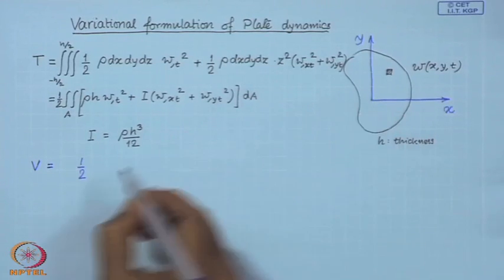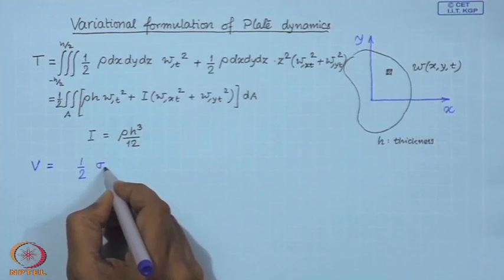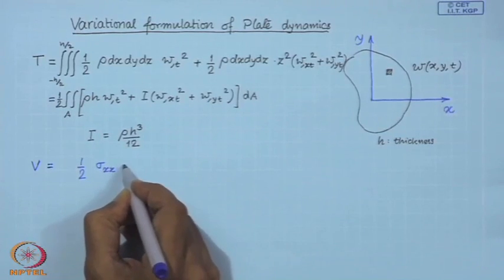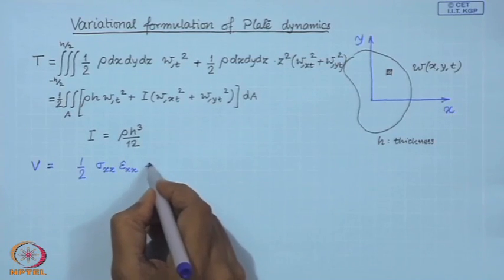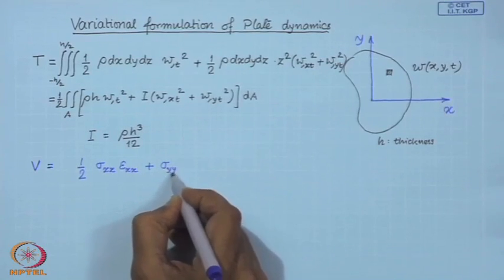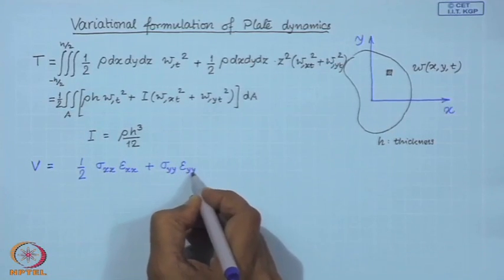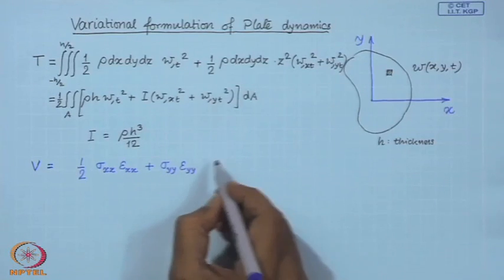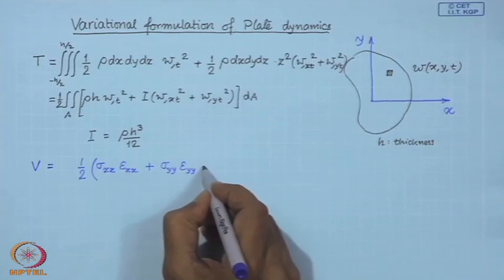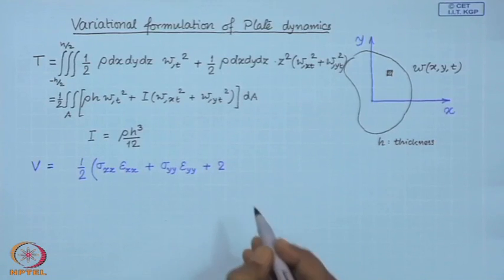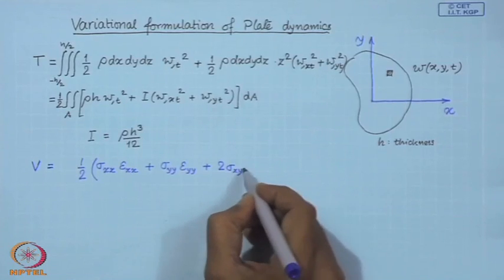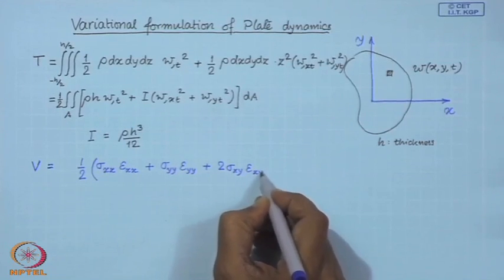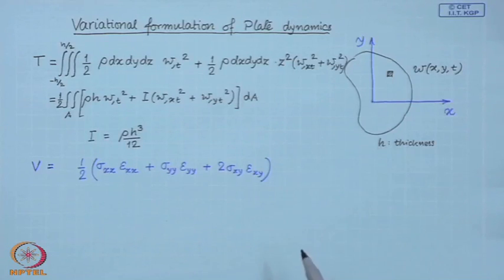So, now we have the normal stress in x times the strain in x, plus normal stress in y times strain in y, plus 2 times the in plane shear stress and the corresponding shear strain of the element. Now, this is per unit volume.